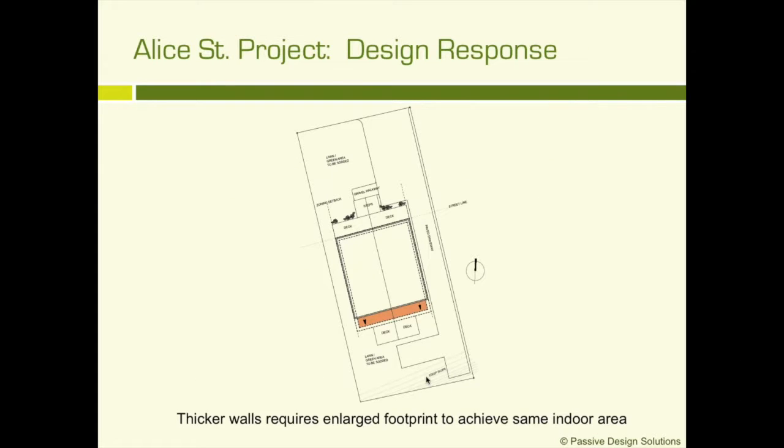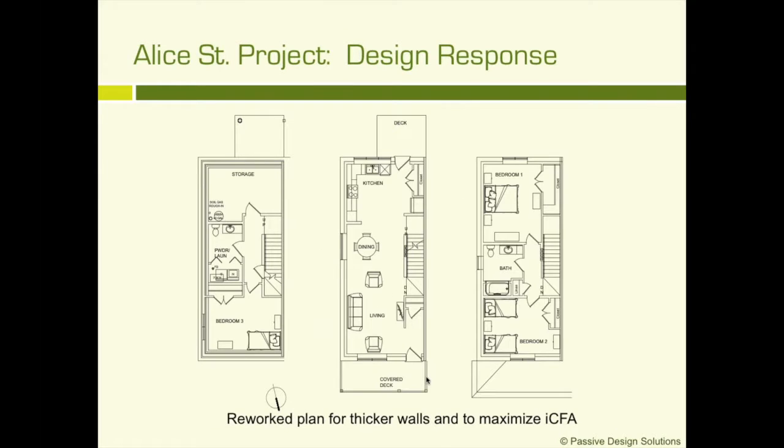So we enlarged the footprint to the maximum setbacks on the project. Because we made the walls thicker, we had to make the building a little bit deeper to maintain the same living space inside. And we made a few changes to the plan to maximize the conditioned floor area.